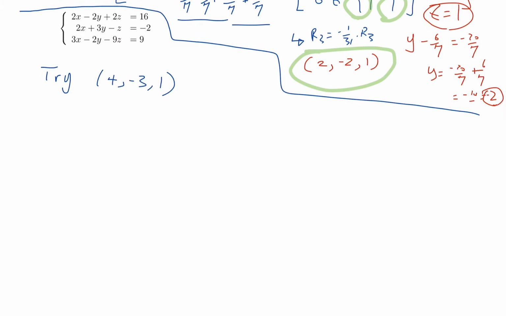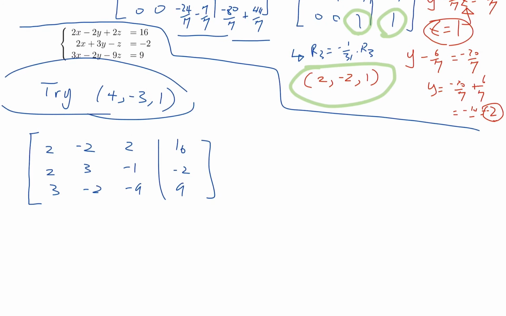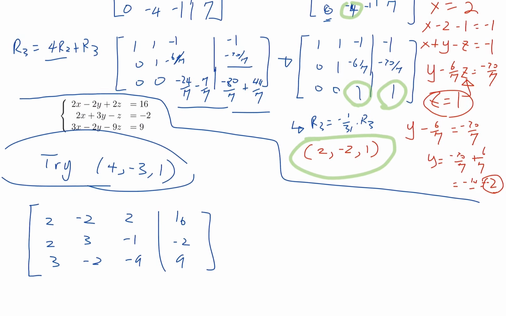So again, try on your own, set up the matrix, do the row operations. Okay, and make sure you get this answer. If you don't get this answer, then it means you're either making some mathematical or calculation mistakes, or you're making row operation mistakes.